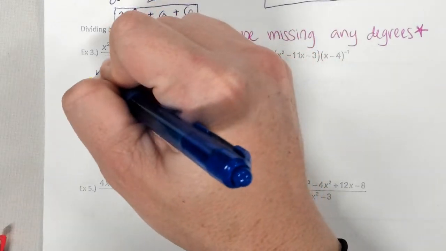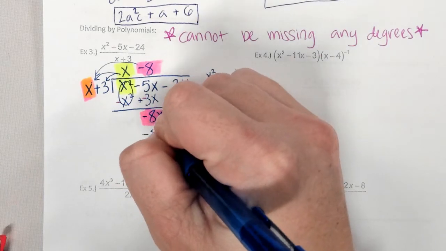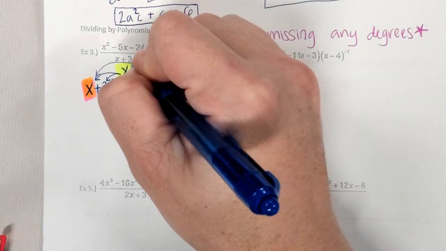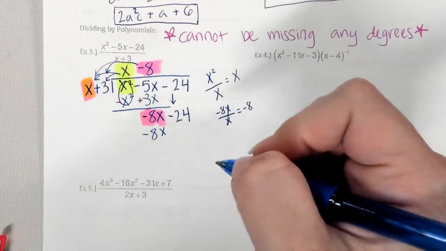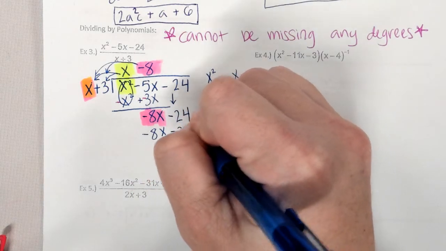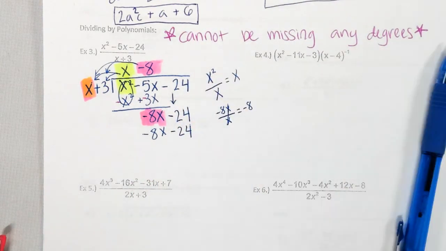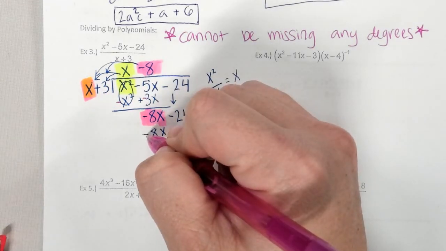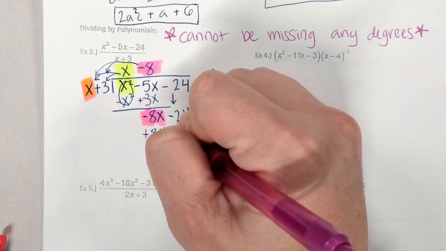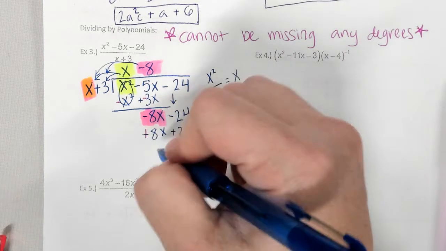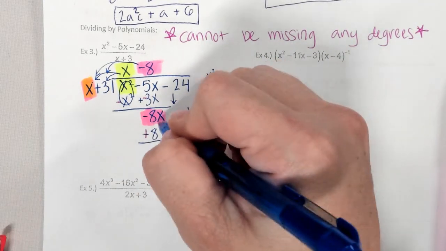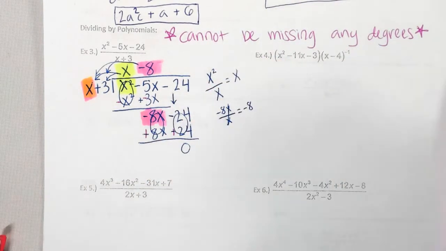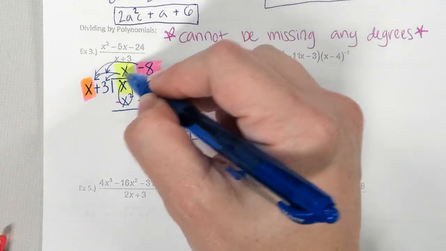Negative 8 times x is negative 8x. Negative 8 times positive 3 is negative 24. Then we subtract, but this would be a double negative, which makes it positive. What happens to both of them? They both cancel, and I have a remainder of 0. So what is my final answer? Look at the top.